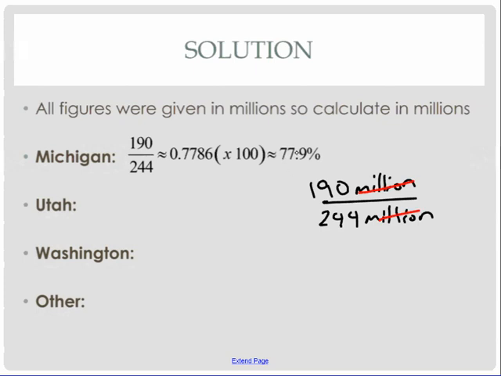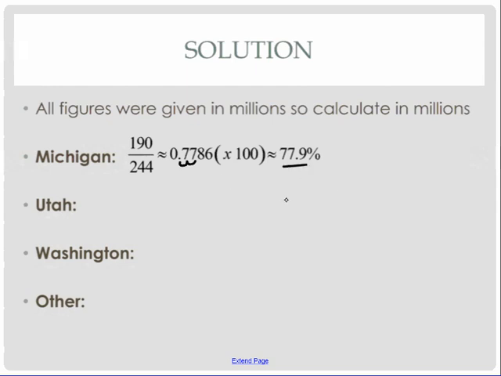That's how we're able to write our answer as a percent, and we don't have to say something like 77.9 million percent. That just wouldn't make sense in this problem. So we divide those, we get a decimal of 0.7786, and then we move the decimal over 2 places. That's how I get 77.86%. I chose to round to the nearest tenth here.